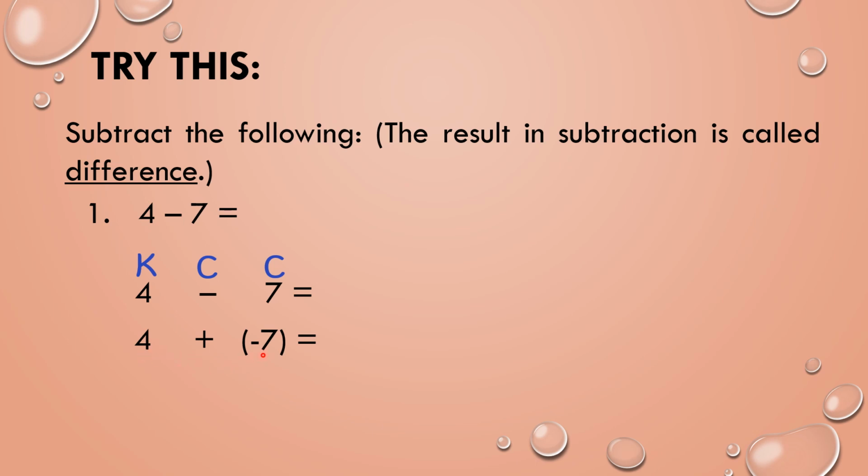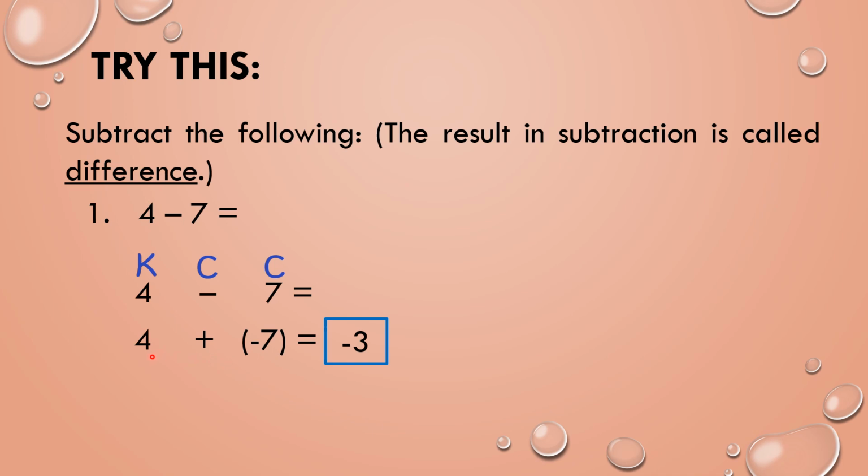Magkaiba ng sign, ima-minus. Or kung nalilito pa rin sa rule ng addition, isipin nyo na ang positive ay pera at ang negative ay utang. So since mas malaki ang utang kesa sa pera, therefore, ang sagot doon ay negative pa rin. So the answer for this one is negative 3.